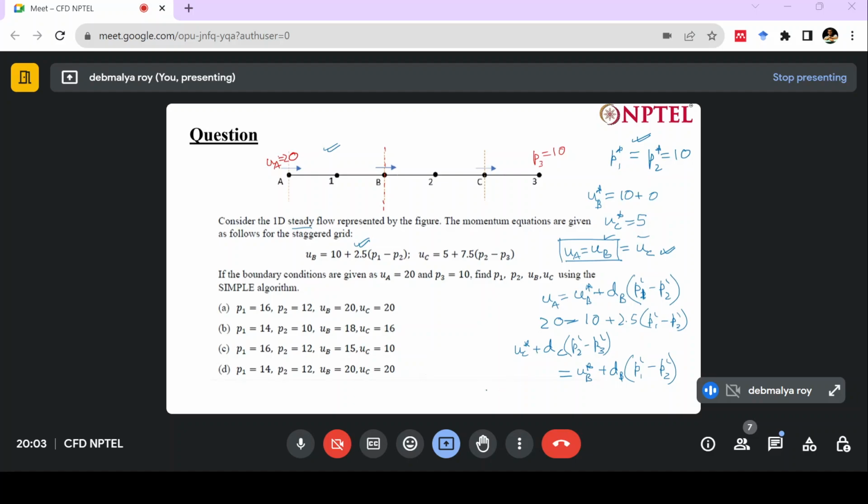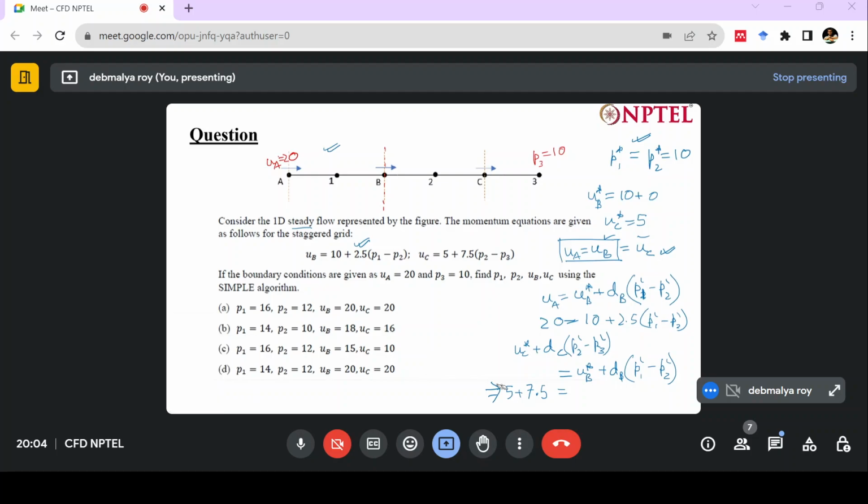So UC star we already know, this is 5 plus this we can borrow from here, 7.5. And P1 dash minus P2 dash we can substitute. We can substitute this whole thing with UA, because we already saw that this whole expression is equal to UA.